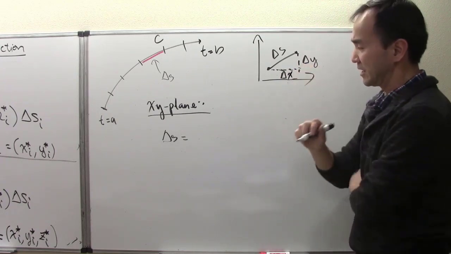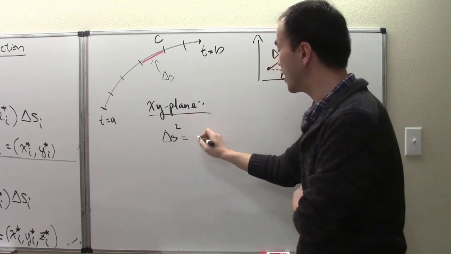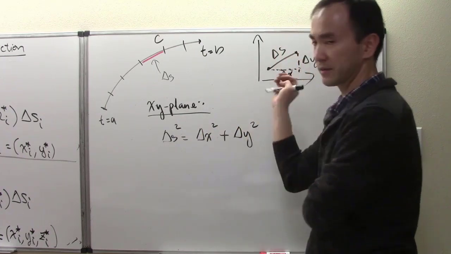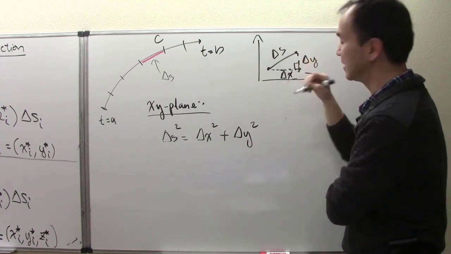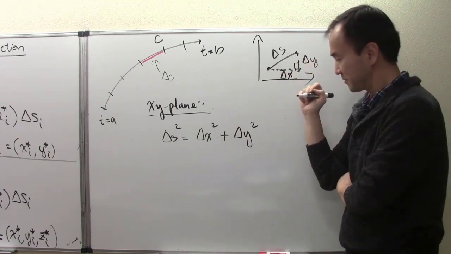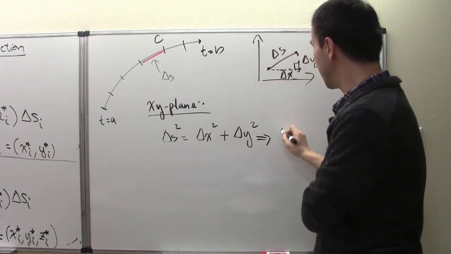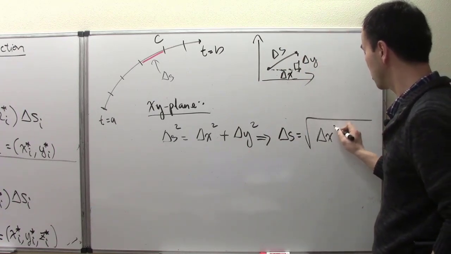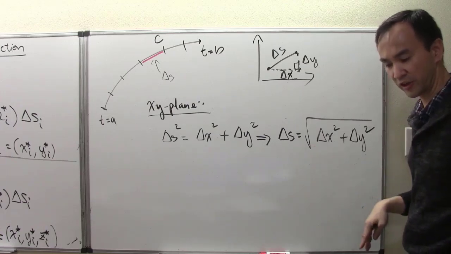All right, and so the Pythagorean theorem says that delta S squared equals delta x squared plus delta y squared. It's a right triangle right there. Okay, and now advancing further, that means delta S itself is the square root of delta x squared plus delta y squared. No one can argue about that.